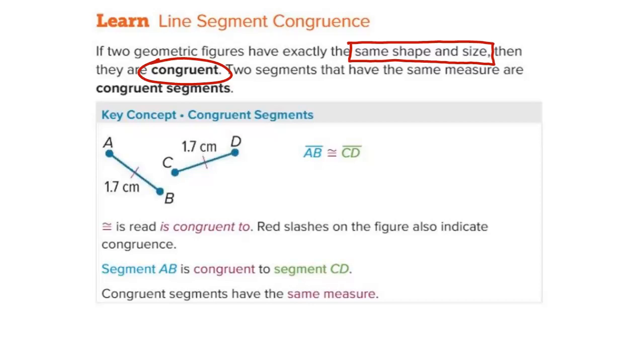I've had snacks on the brain all morning today, so my best example is when I open the new box of Cheez-Its, little crackers. When I take a handful out, as long as they're not broken, every single Cheez-It will look like every other Cheez-It in there. They are congruent to each other, same size, same shape, same color. That is what congruent means.